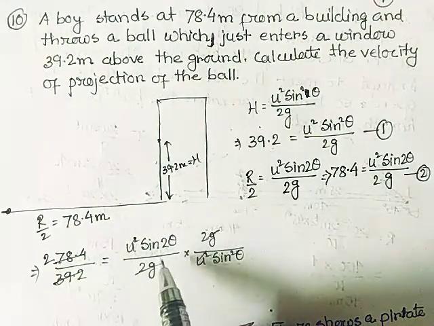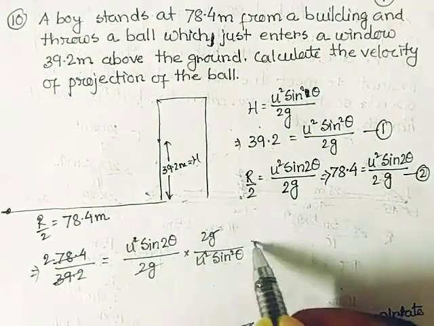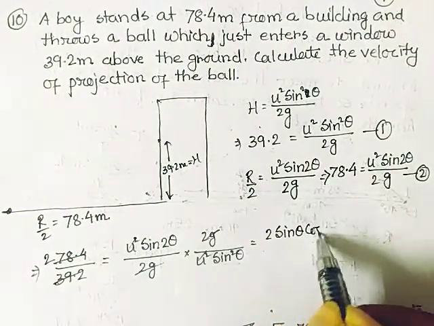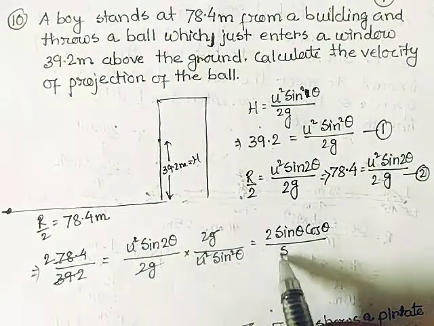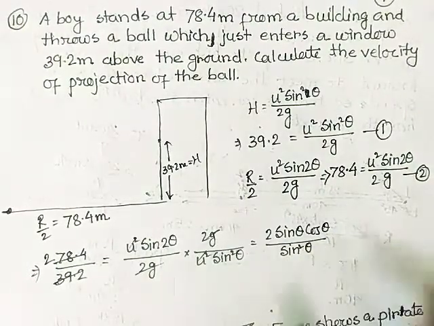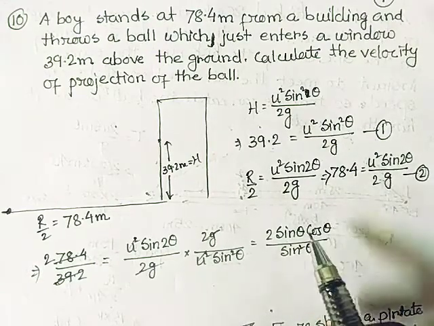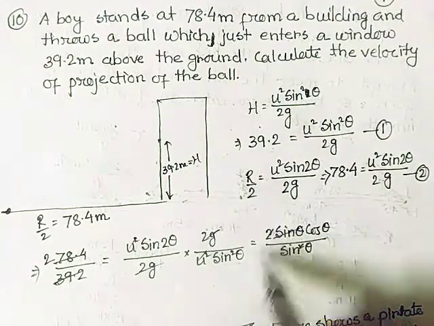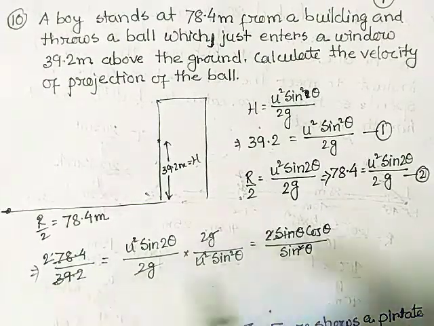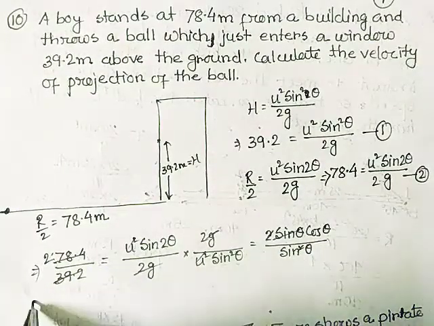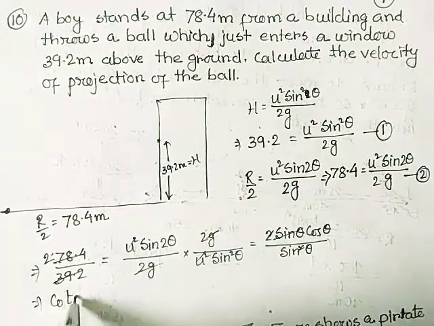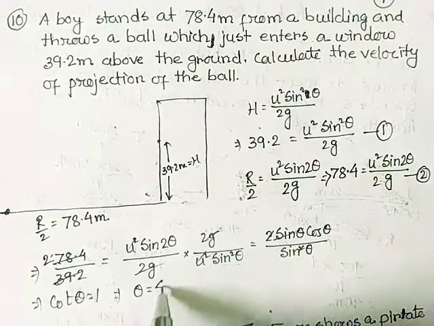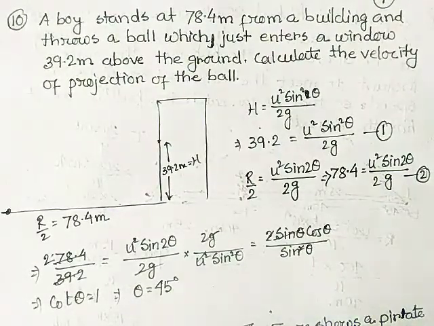Sine 2 theta means 2 sine theta cos theta, divided by sine square theta. So sine theta cancels out, and these 2 cancel with this 2, so from here cot theta equal to 1. If cot theta equal to 1, then theta equal to 45 degree.